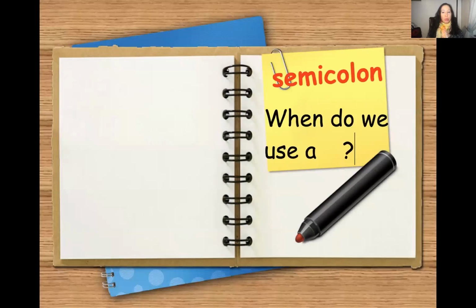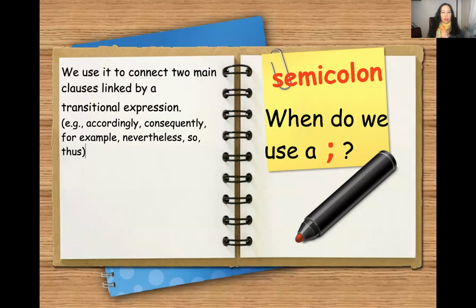Semicolon. When do we use a semicolon? We use it to connect two main clauses linked by a transitional expression. For example, accordingly, consequently, for example, nevertheless, so, and thus. These are transitional expressions.